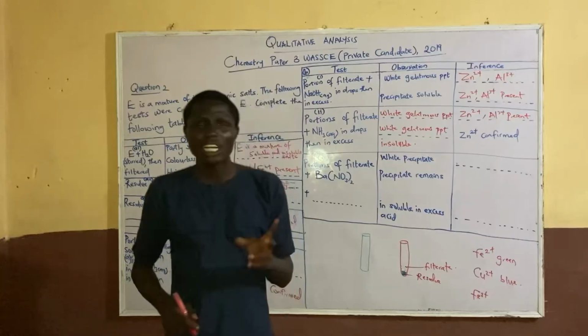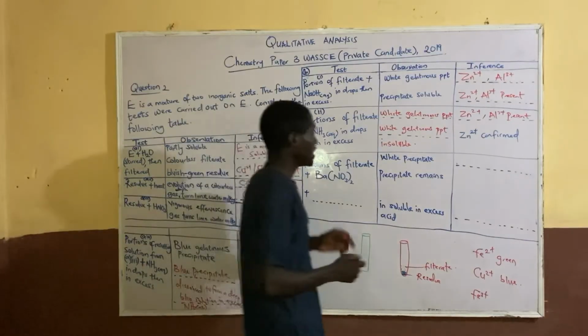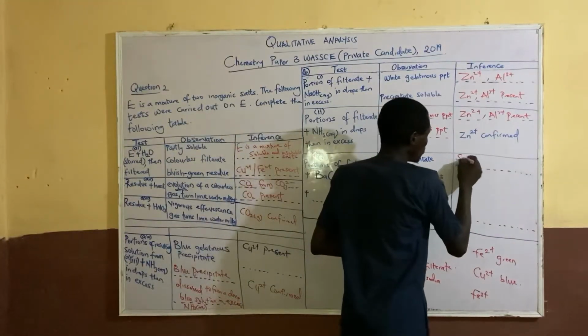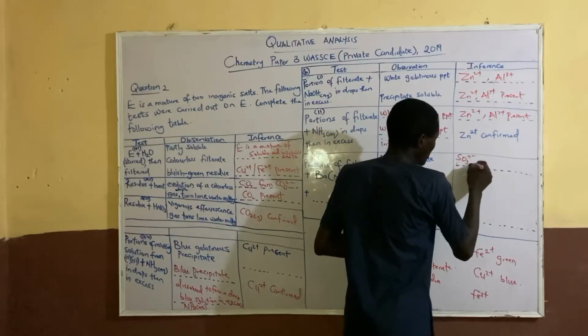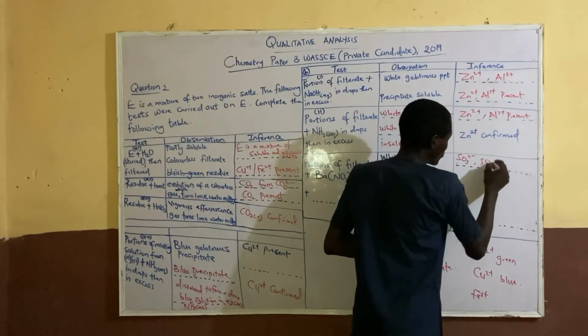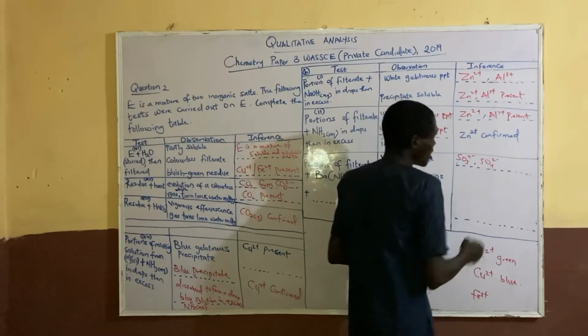One of the ions you are likely to find is SO3 2 minus, SO4 2 minus. These are the anions that you can find there.